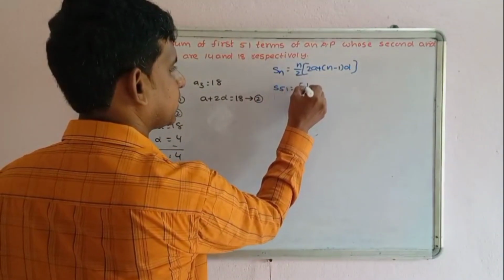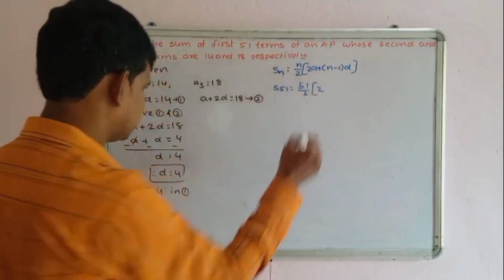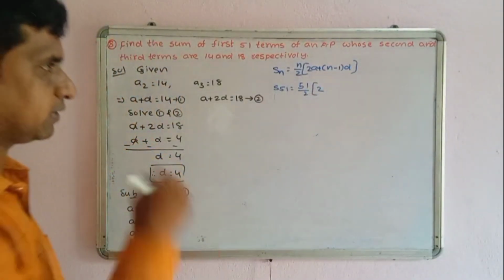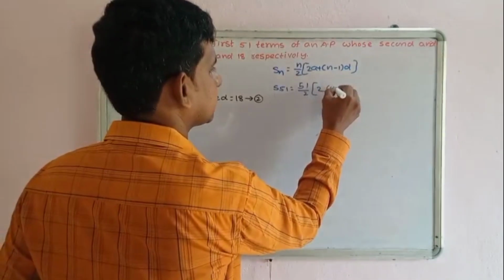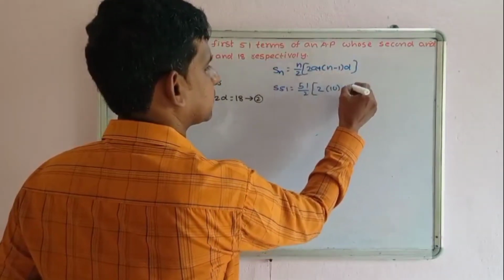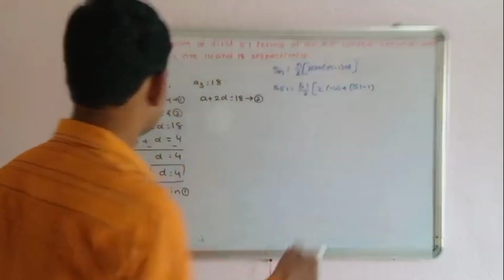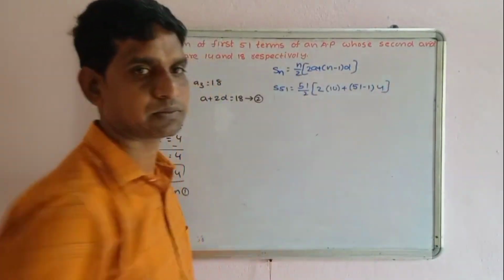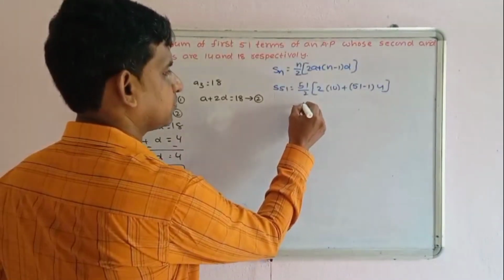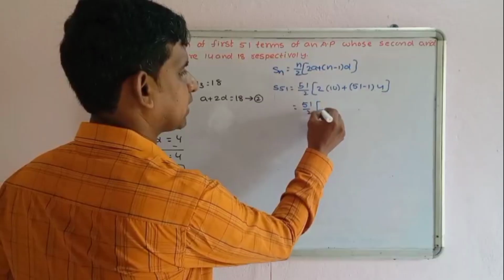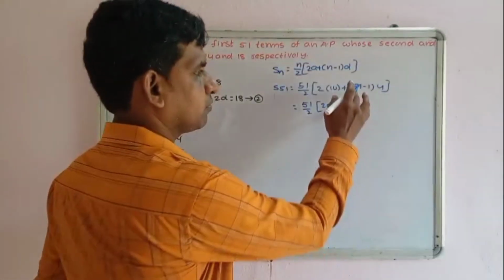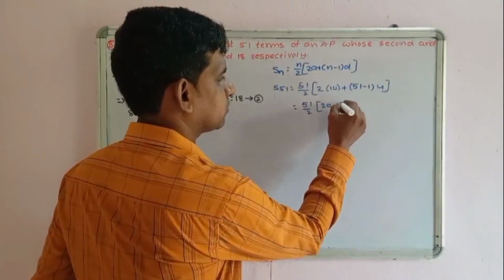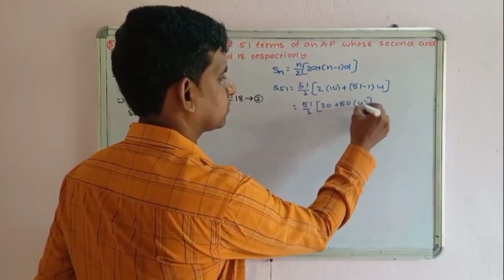So 51 by 2 times 2, a value 10, plus n minus 1, 51 minus 1, d value 4. That equals 51 by 2, 2 times of 10 is 20, 51 minus 1 is 50 into 4.